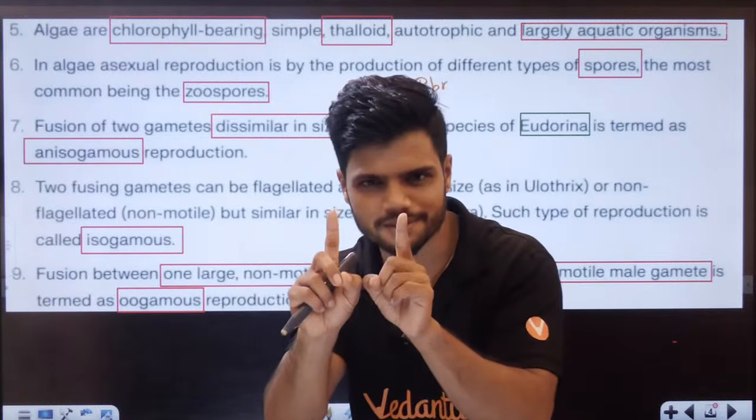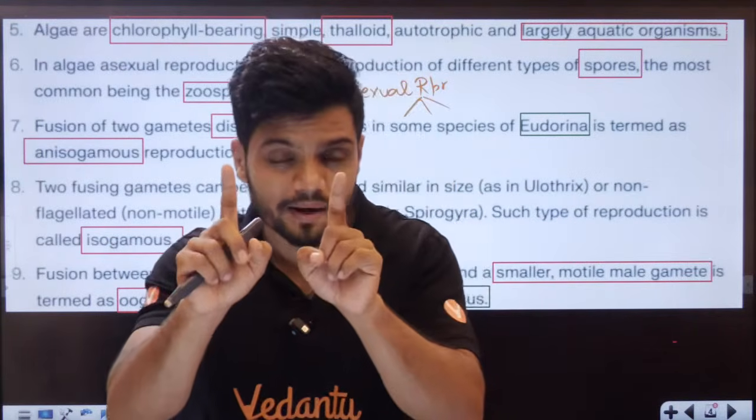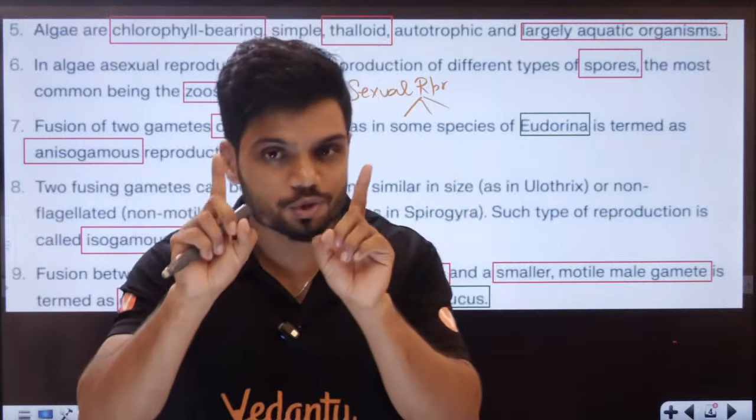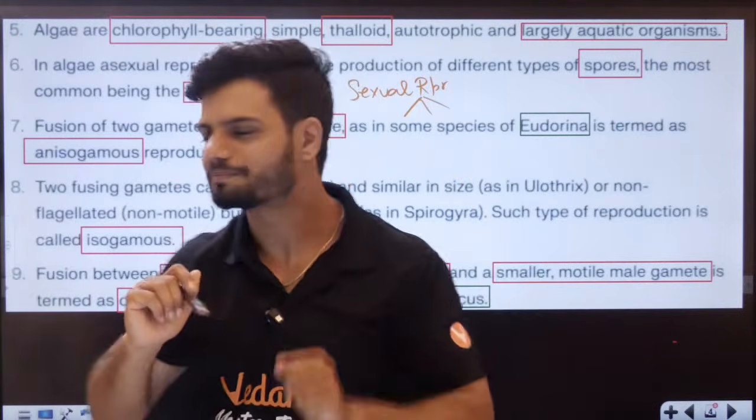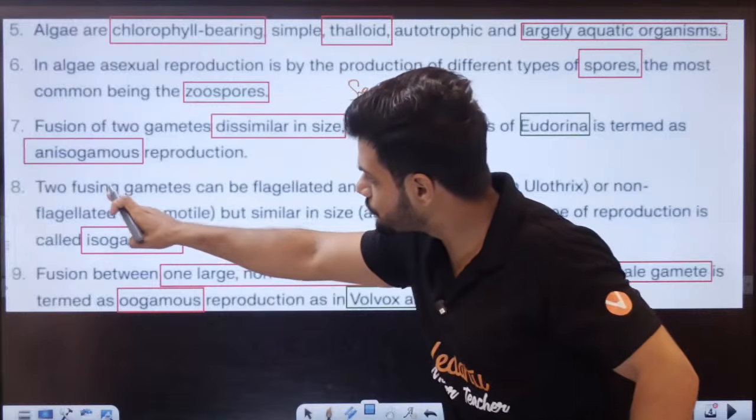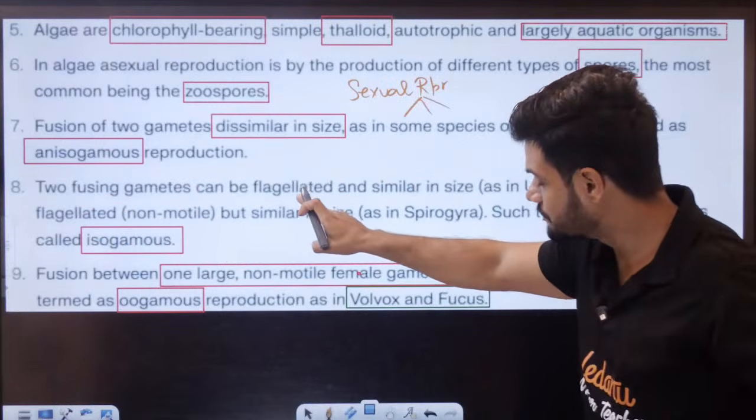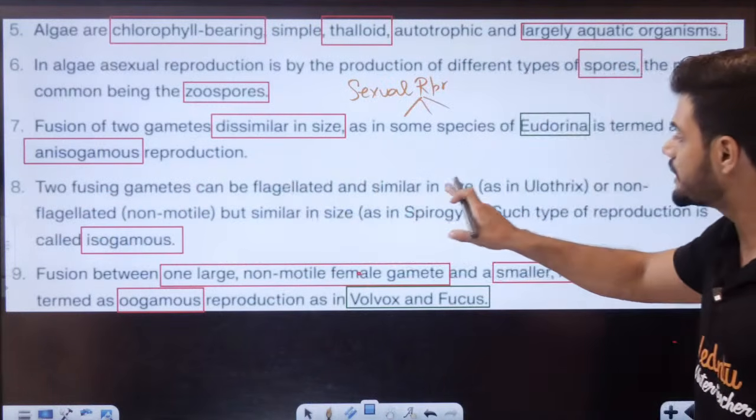Isogamous means same gametes. Now these two gametes can be motile, or they can be non-motile. See this, students: the two fusing gametes can be flagellated, meaning motile, and similar in size.